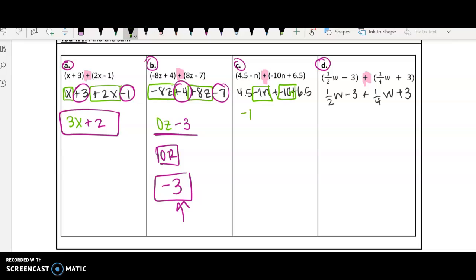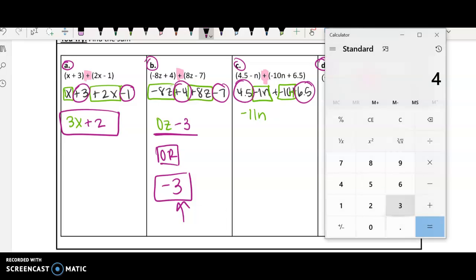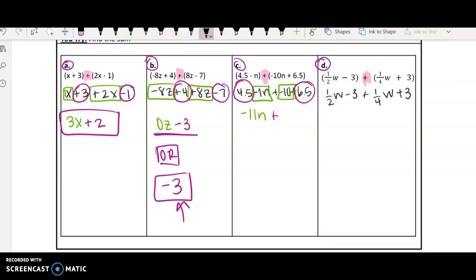They have 11 total. 4.5 plus 6.5. Remember, you are allowed to use a calculator. That gives us 11. And it was a positive 11, so I put a plus there. I can't combine them, even though they're both 11s. This one has an n, this one does not.